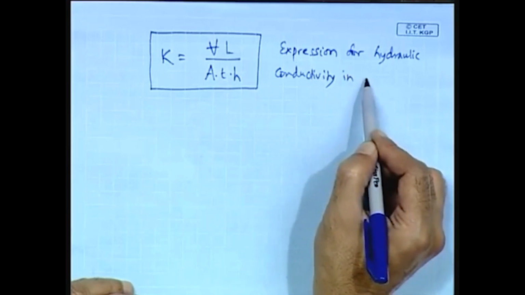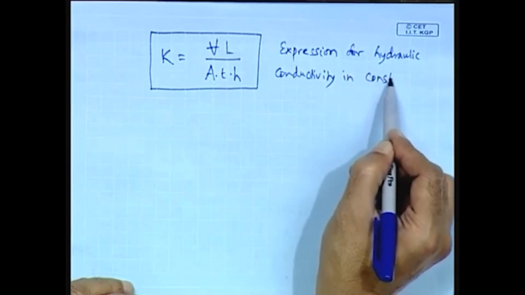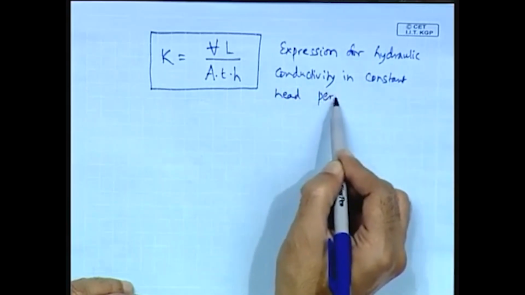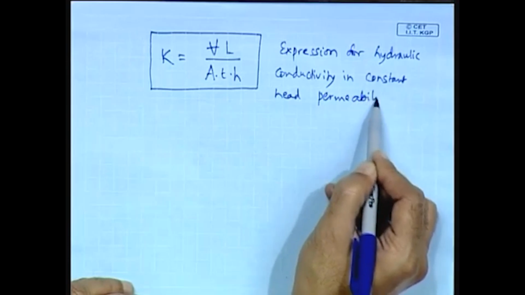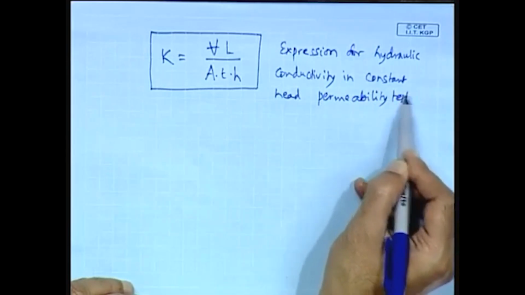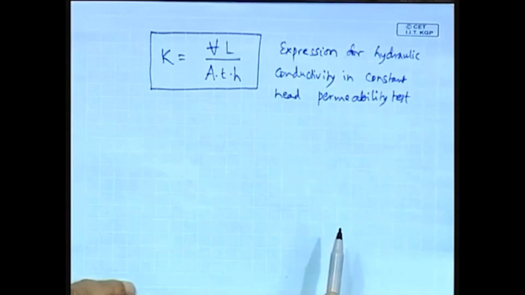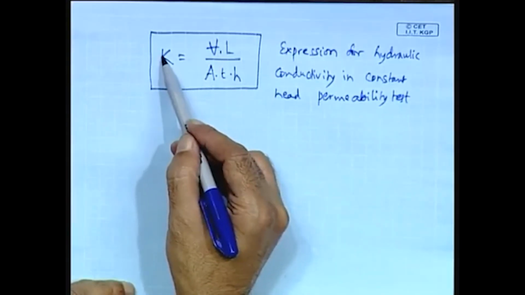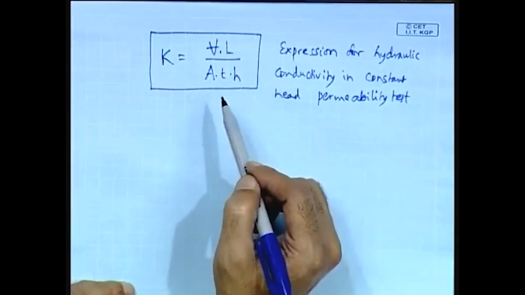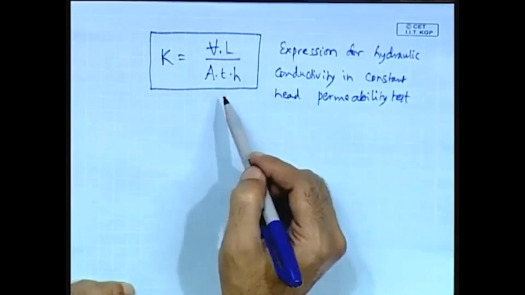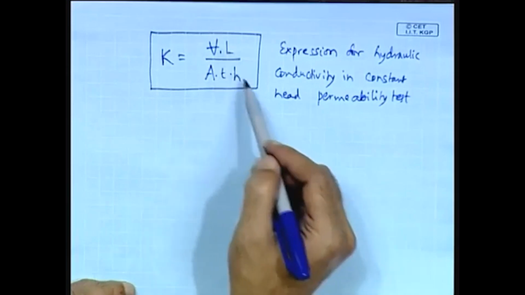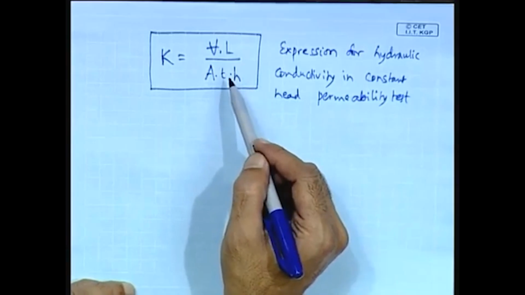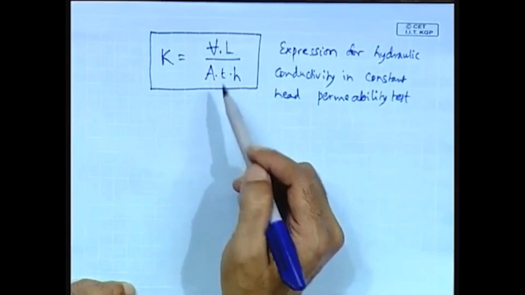In the constant head permeability test, simply this hydraulic conductivity is expressed in terms of say 4 parameters, rather 2 linear parameters, 1 area parameter, 1 volume parameter, and 1 time parameter.